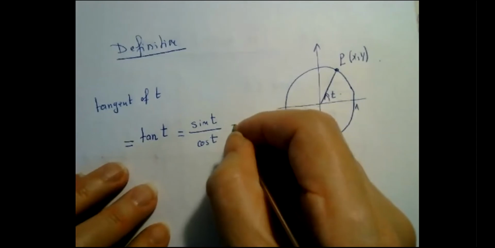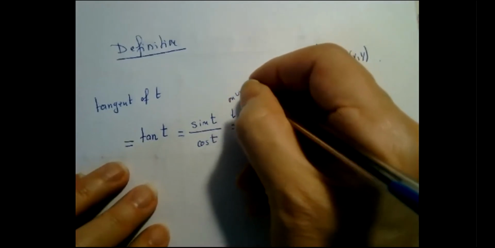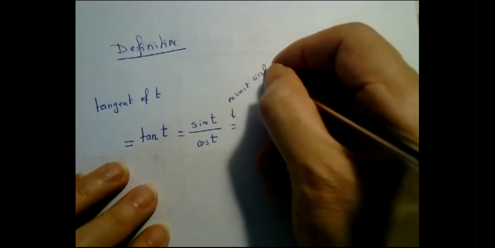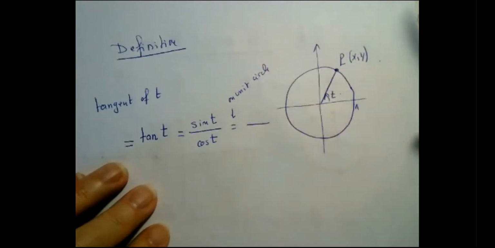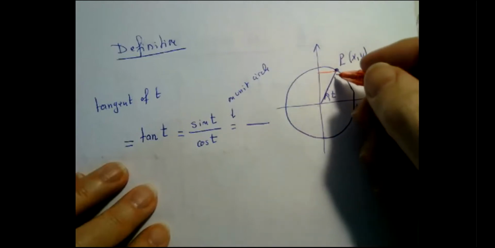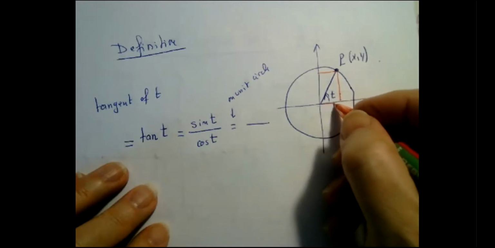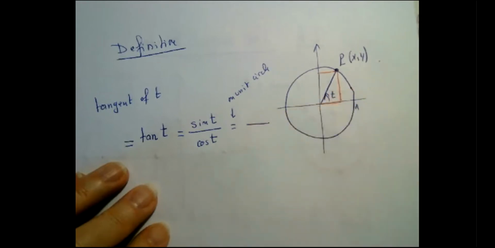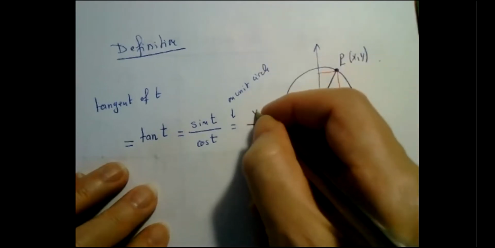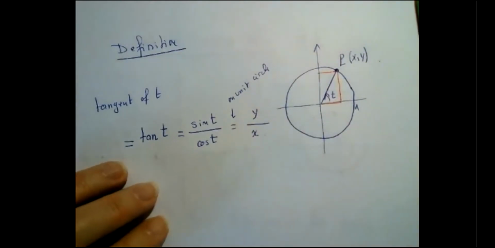On the unit circle, the sine is the y-coordinate, and the cosine is the x-coordinate. So this is going to be the y-coordinate of the point, that's the unit circle definition, divided by the x-coordinate.